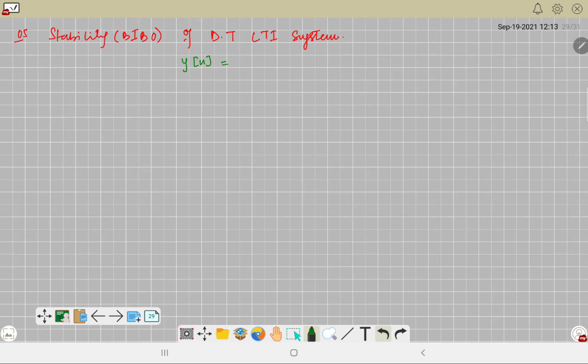So we have y of n equal to the summation k from minus infinity to plus infinity, h of k x of n minus k. Then we'll take the magnitude on both sides. Then you know that the absolute value of the total sum is always less than or equal to the sum of the absolute values of the individual terms that exist in the sum.